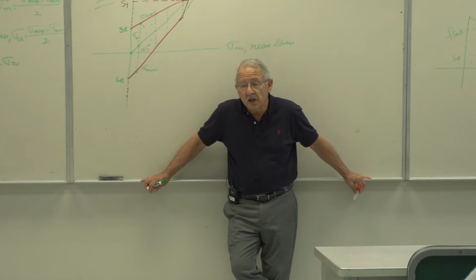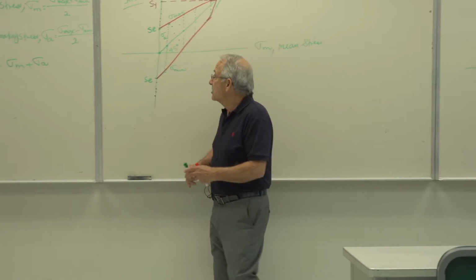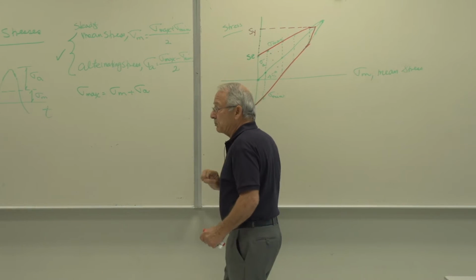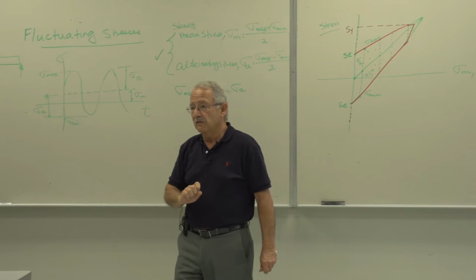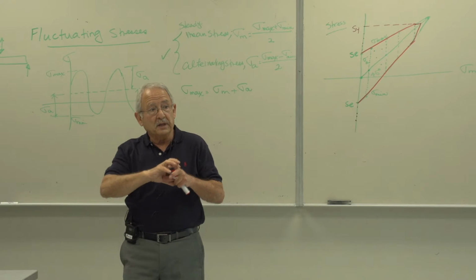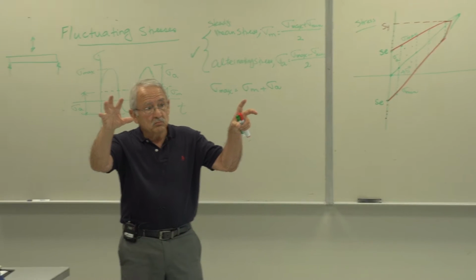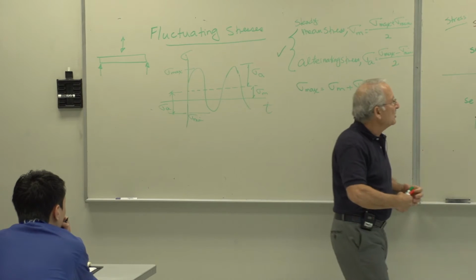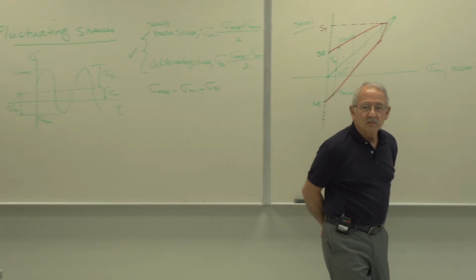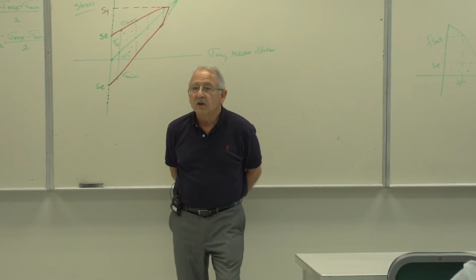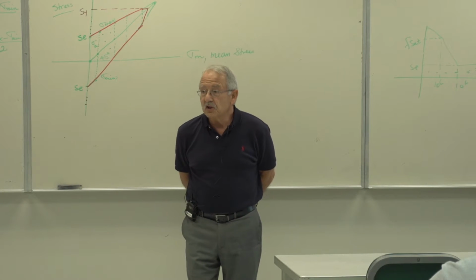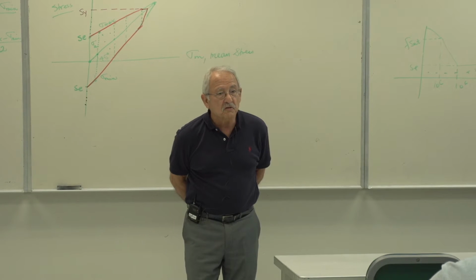So that I can say, if my points plot here within this region, there will be a life of at least 10 to the 5. And if they plot outside of that region, won't have a life of 10 to the 5. What should I be changing here? SE to SF, that's right. SE to SF for 10 to the 5 cycles.